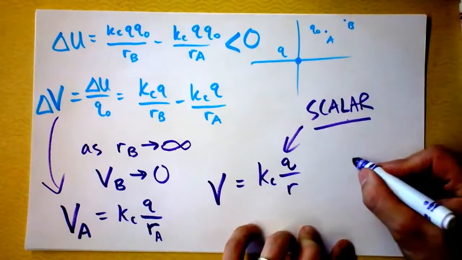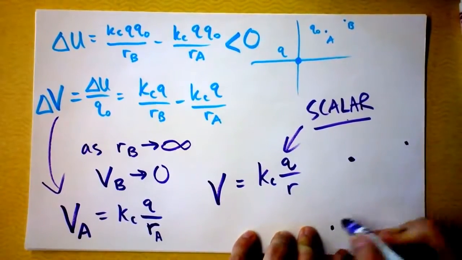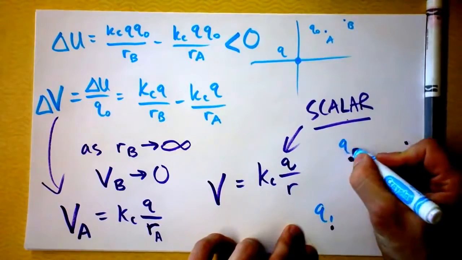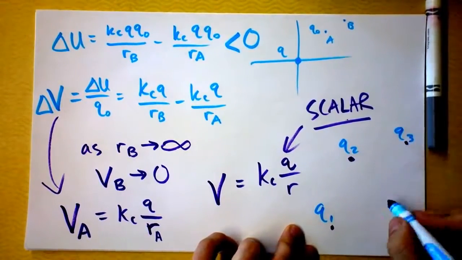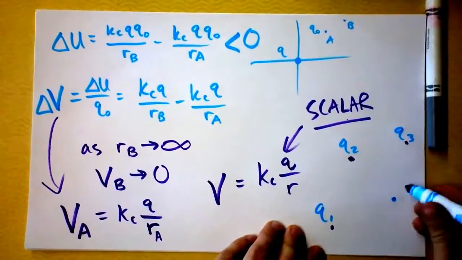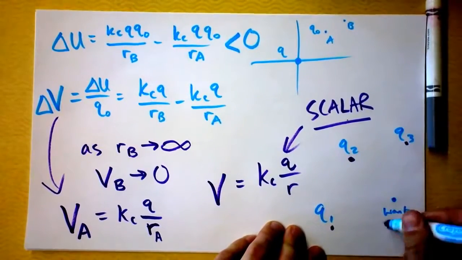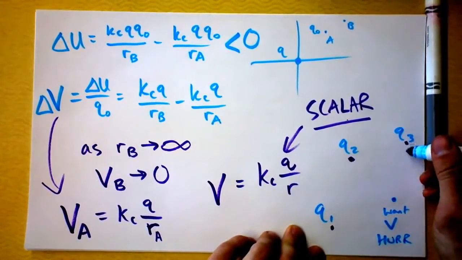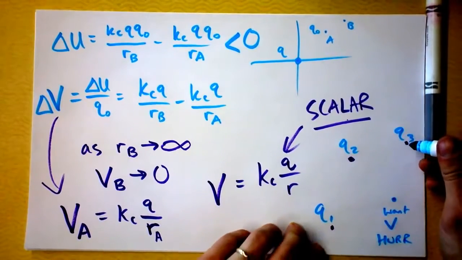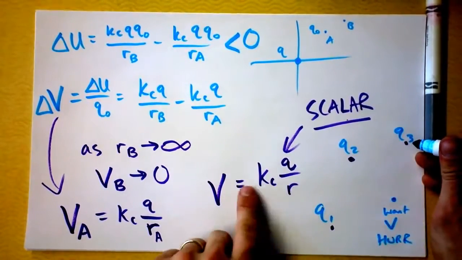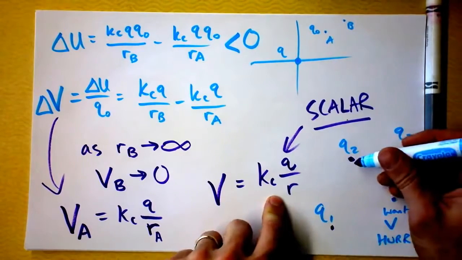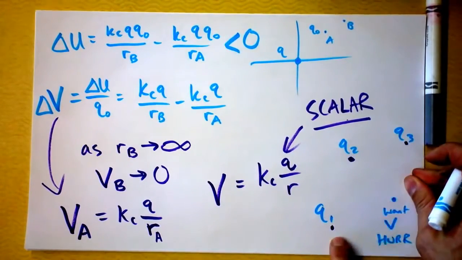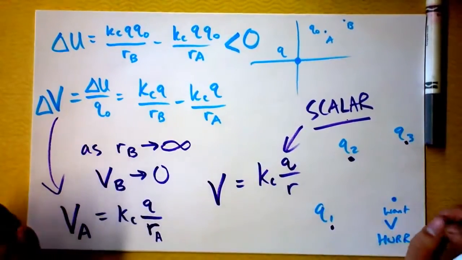If you've got a charge here, and a charge here, and a charge here, and you want to know the potential over here, all you need to do is find the distance from Q3 and the amount of charge at Q3 and get yourself some potential, and do the same thing for here, that distance and that charge, and add them together.